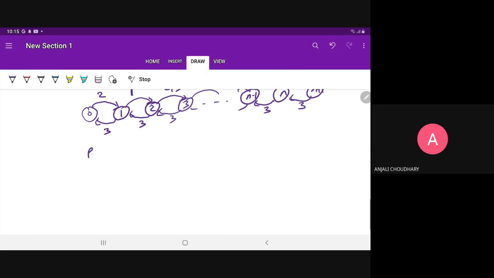Pn is equal to Cn into P naught, where Cn is lambda naught, lambda 1, lambda 2, up to lambda n minus 1 upon mu 1, mu 2, up to mu n. This is the Cn.